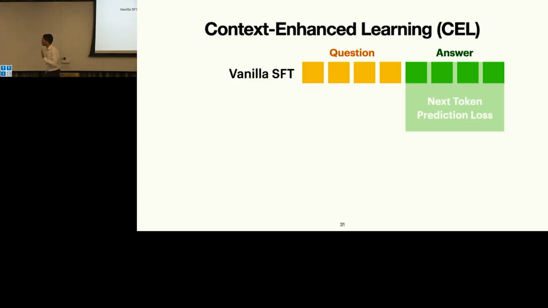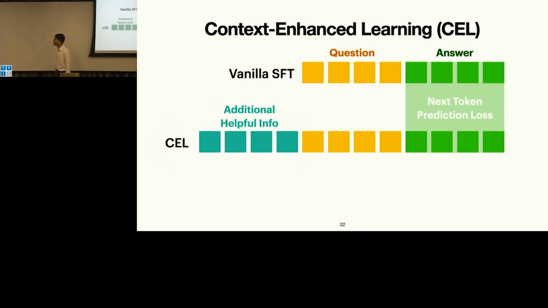And here we'll define context-enhanced learning, where we are going to use terms more aligned with language models because we're going to talk more about language models in this part of the talk. So instead of using cross-entropy training, we'll start talking about vanilla supervised fine-tuning, which is defined as follows. Language models are trained on question-answer tasks, where the loss is computed on the model's predictions and the true answer using a cross-entropy loss called next token prediction loss.